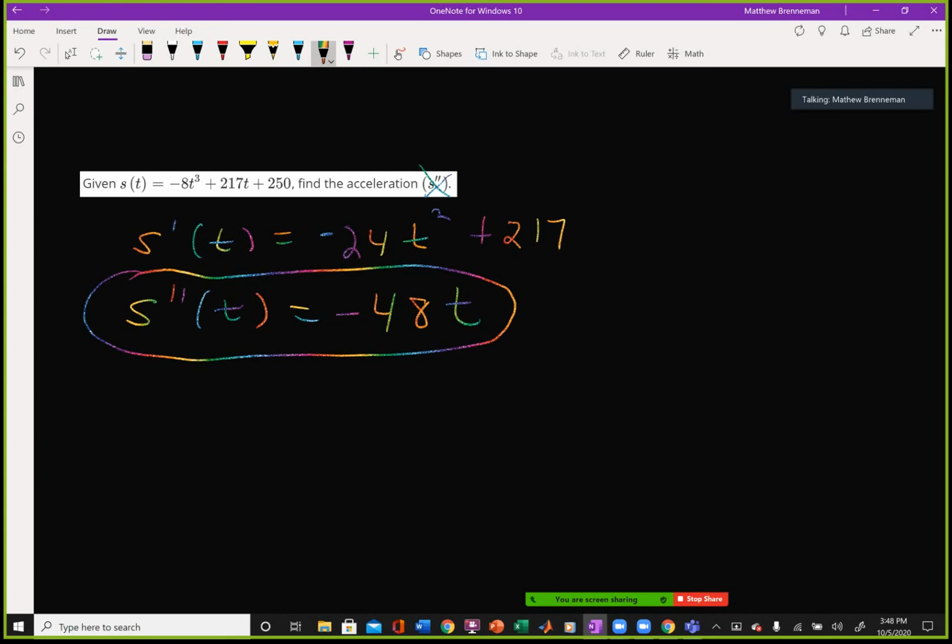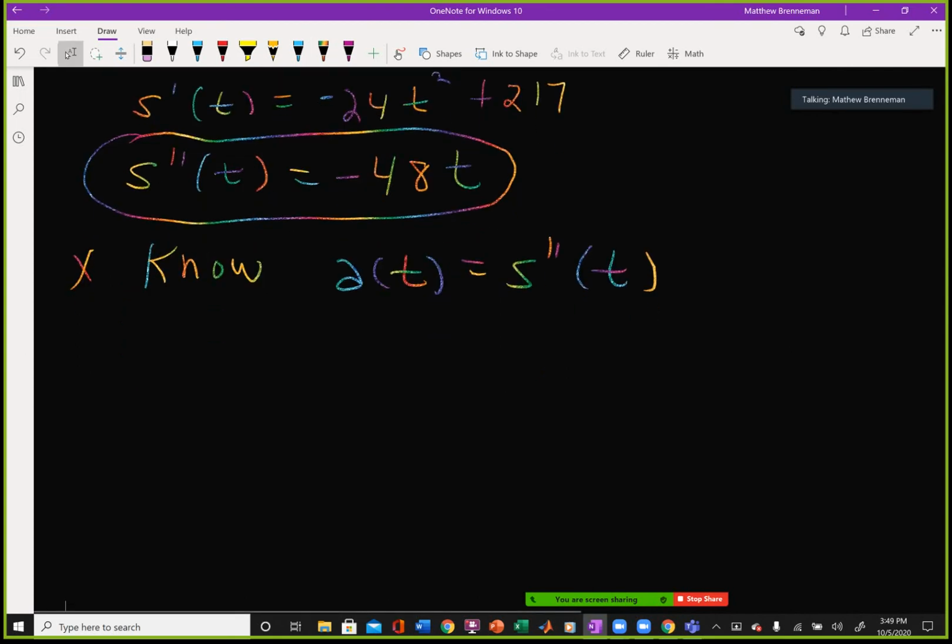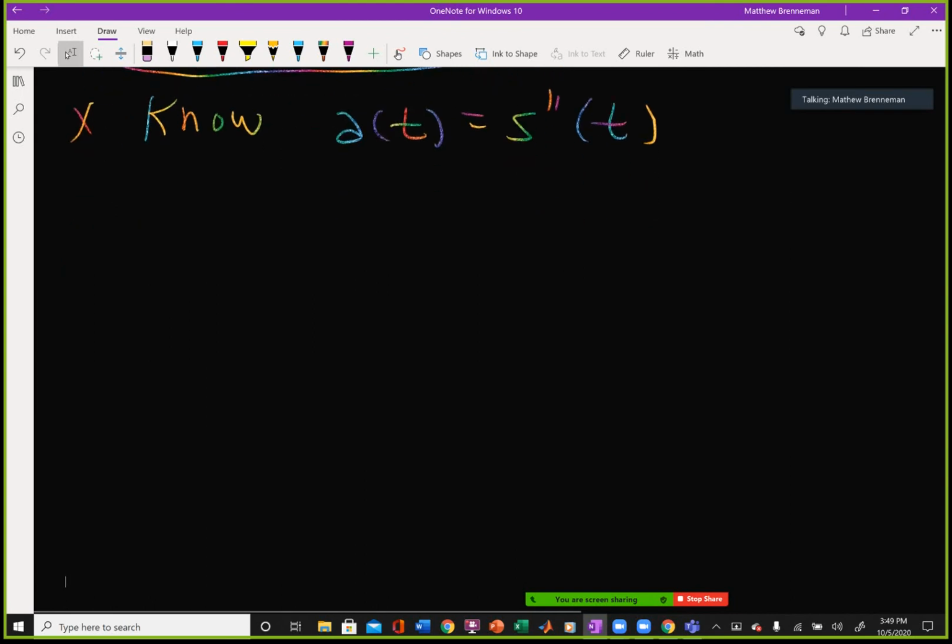They might just say, find the acceleration, and you're supposed to know that the acceleration function is the second derivative of the position function. Especially working with airplanes and all, acceleration's a big deal.